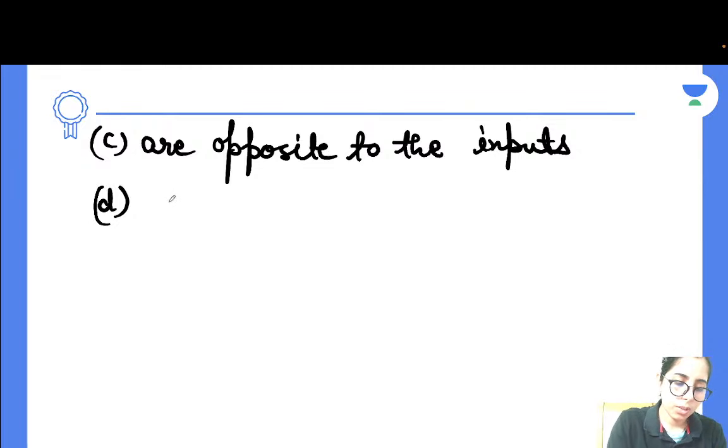Option D: follow the inputs and the circuit acts like an RS flip-flop.